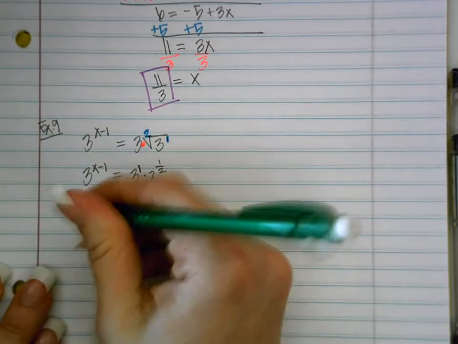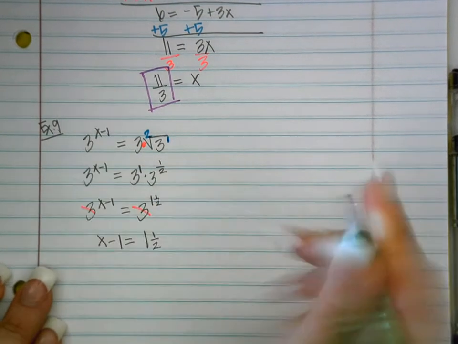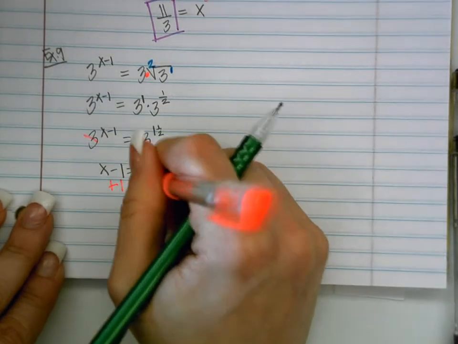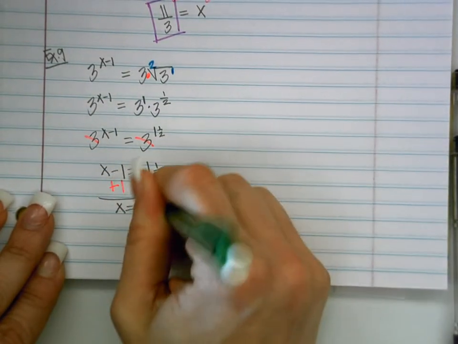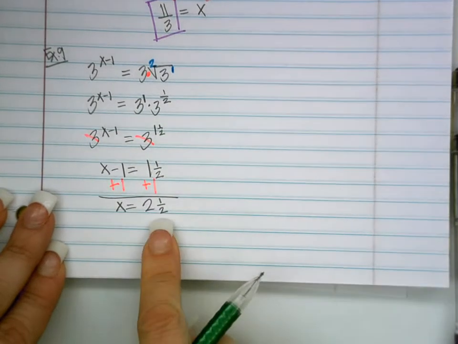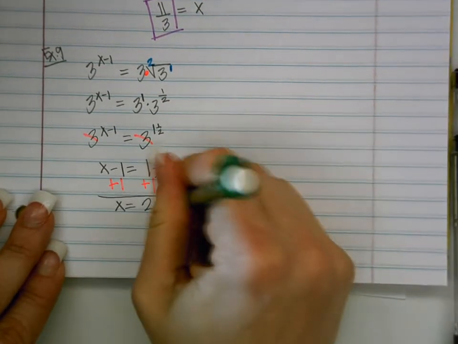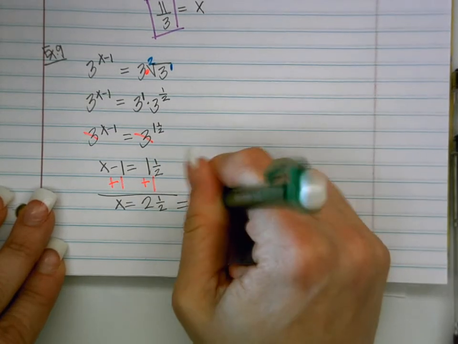So x minus 1 equals 1 and a half. Add the 1 to both sides. What's 1 plus 1 and a half? 2 and a half. And then finally, you need to write that as an improper fraction. How do I write 2 and a half as an improper fraction? 5 over 2. That's your answer.